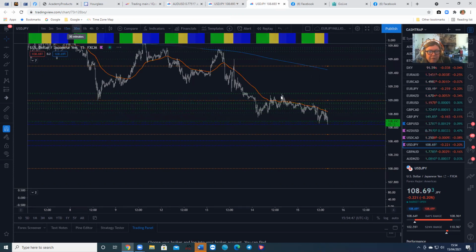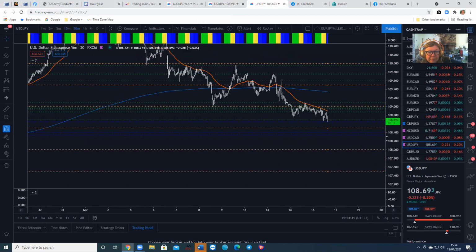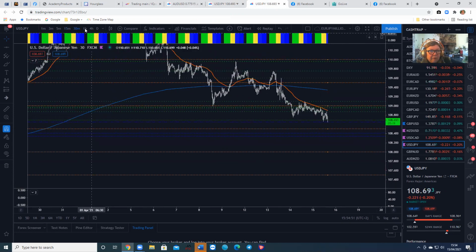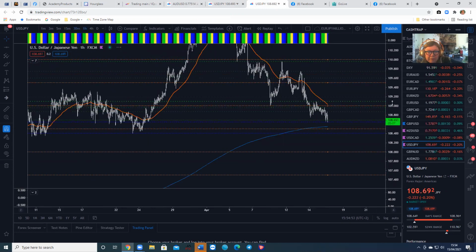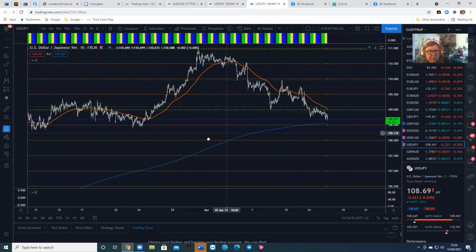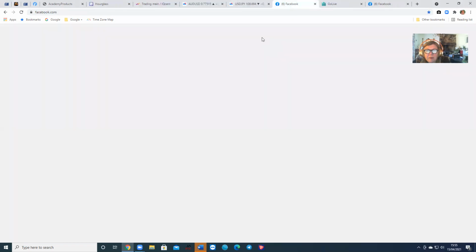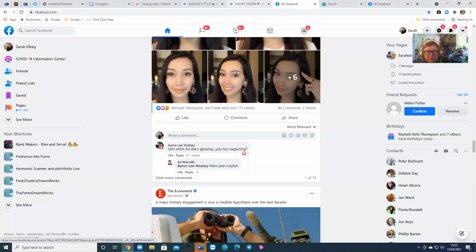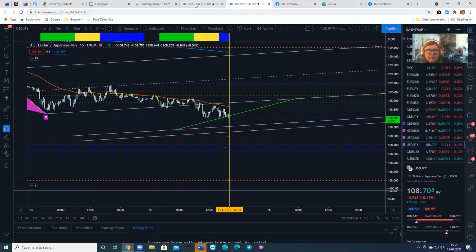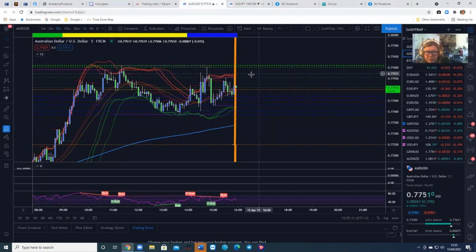I'm just looking when it was last down at this area. I'll go to the hourly because I can't see it. Oh, hang on a minute, something's gone a bit wrong there. I'm going to have to close that without saving it. This is the chart I want.